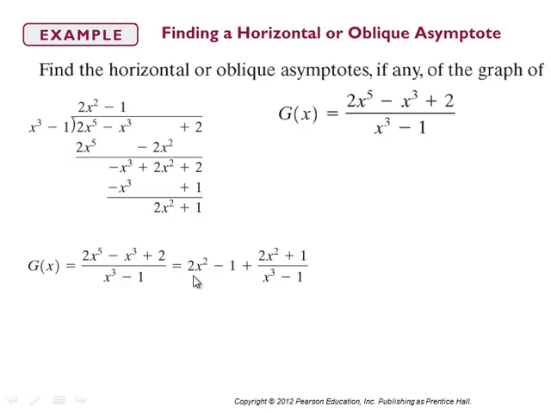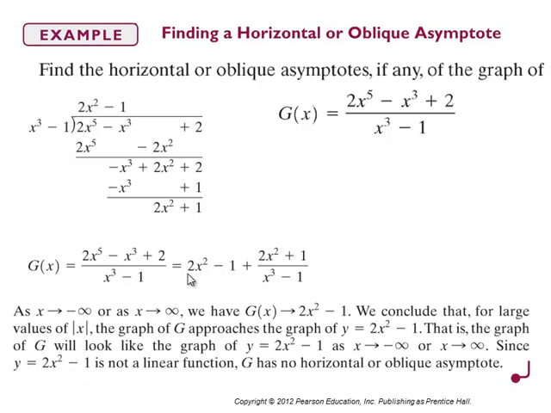And then the graph of our function g will go to infinity, kind of along this parabolic path given by the graph of 2x squared minus 1. So for large magnitude values of x, the function will behave like this function right here.